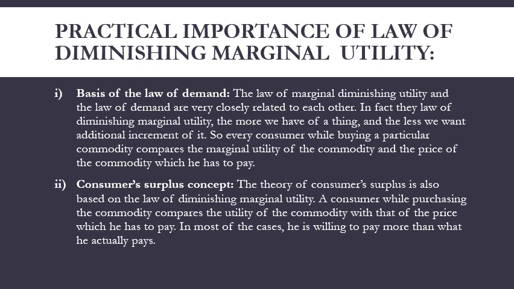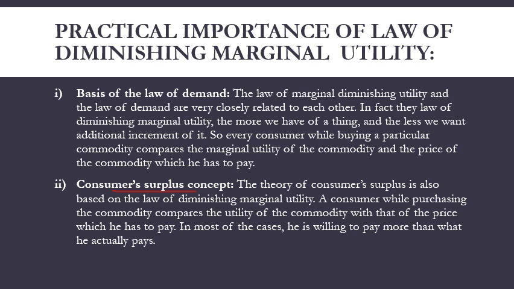And the next important case: the consumer surplus concept. We'll be having a separate discussion on this topic, consumer surplus. The theory of consumer surplus is also based on the law of DMU. A consumer, while purchasing a commodity, compares the utility of the commodity with the price which he has to pay, the price of the commodity and the utility or satisfaction.